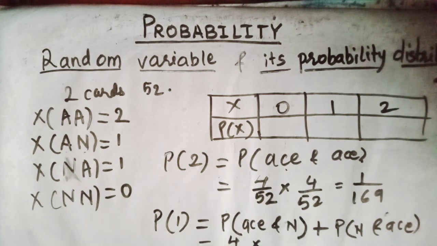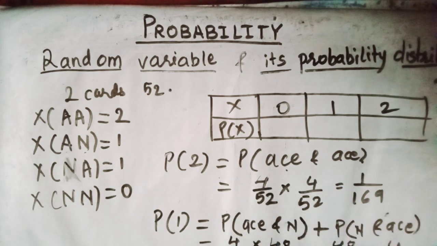Non-ace cards are 52 minus 4, which is 48, so we have 48 possibilities out of 52. Then again non-ace is 48 by 52 plus 4 by 52 into that, so it comes to 144 upon 169.